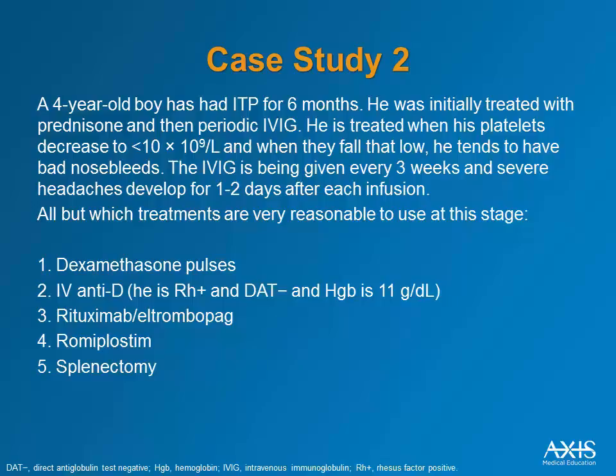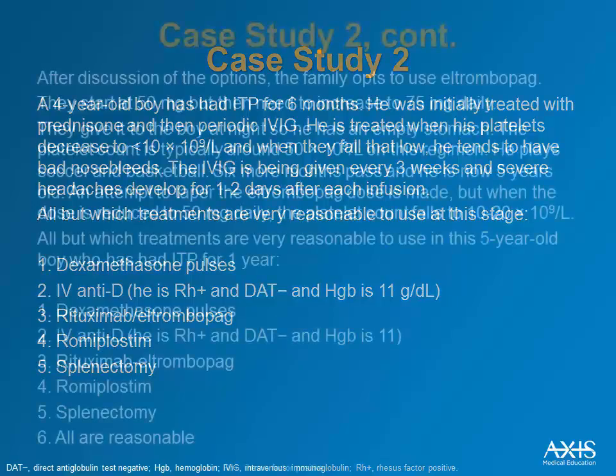Pulses of dexamethasone, changing over to WinRho in someone who's Rh positive, direct Coombs negative with a very adequate hemoglobin for age, rituximab, then romiplostim or eltrombopag, or splenectomy.